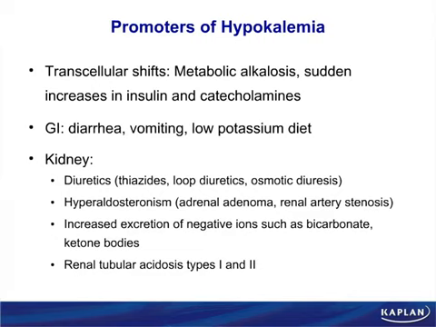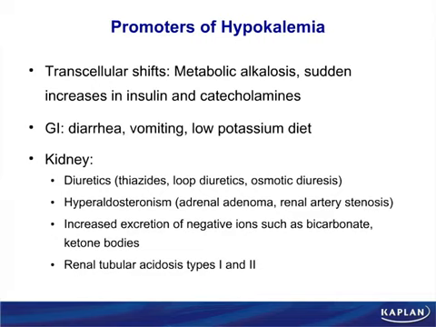That's an important loss. Renal losses, this is an important one too. Any high flow states in the kidneys can promote renal losses of potassium. That includes thiazide diuretics, loop diuretics, osmotic diuresis of any cause. Now, high aldosterone states. What does aldosterone do? Aldosterone increases renal secretion and excretion. So in high aldosterone states, you will have an increase in renal excretion of potassium.